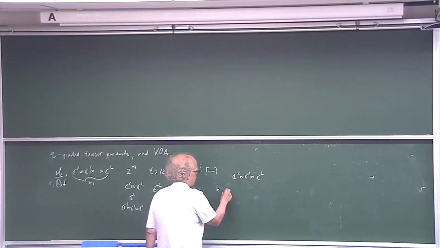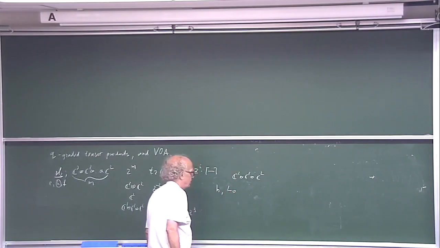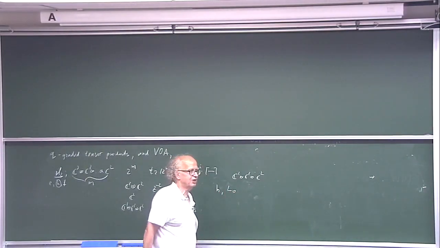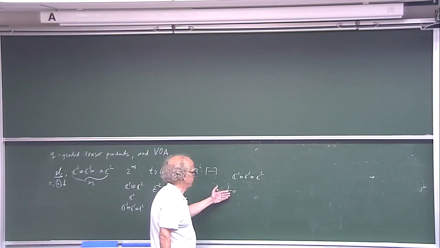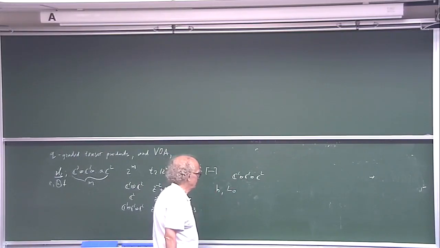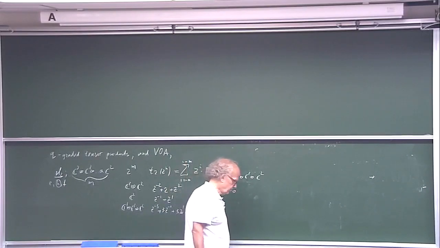We need some operator which can be denoted by L0 because it is related to a generator from Virasoro, and it has to produce a q grading in this space.